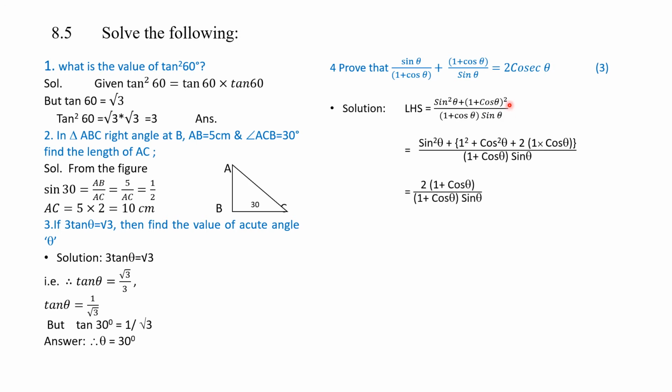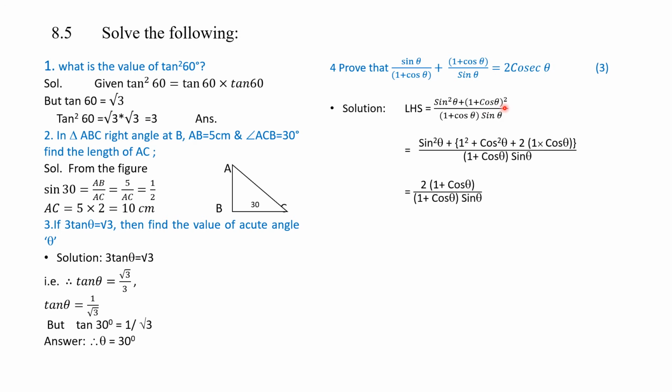While practicing, you can write it separately so that you can avoid mistakes. Here you can write sin theta into sin theta. Here you can write 1 plus cos theta into 1 plus cos theta. You can expand it. Therefore, solving, we get sin squared theta. This is of the form a plus b whole square.